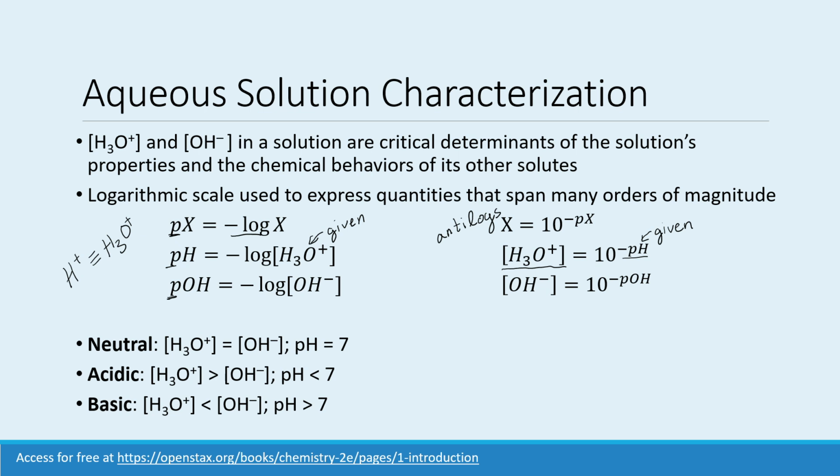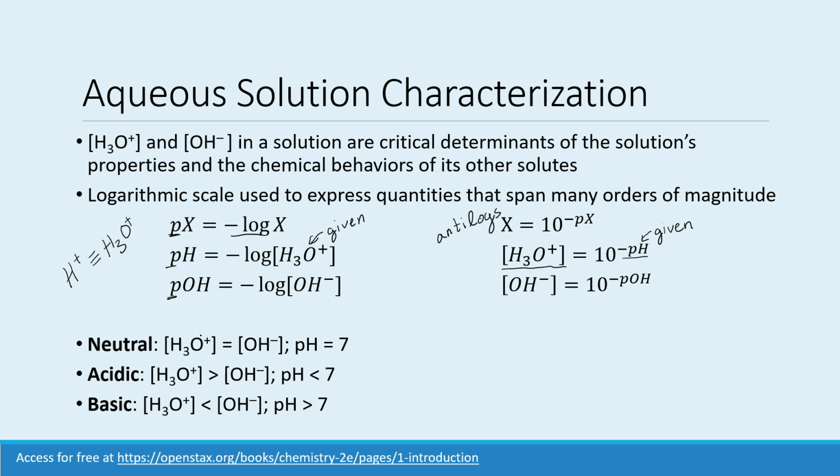Okay, and then we have these terms based on whether we have the same hydronium and hydroxide ion concentration or if we have more or less of one. So at neutral, we're going to have equal amounts of both, right? The concentration of the hydronium ion will equal the concentration of the hydroxide ion, and we'll have a pH equals 7.